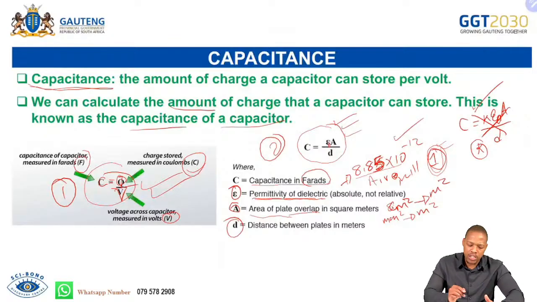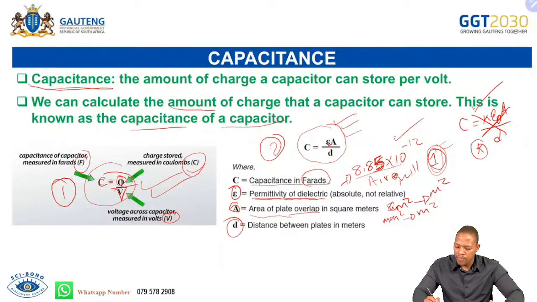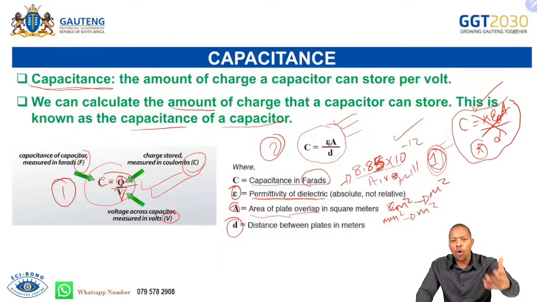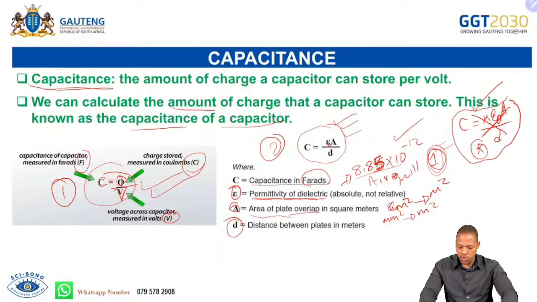But most of the time, you'll just be expected to use 1 or 2. I do not see an examiner who's going to expect us to use this formula. But if they do expect us to use this formula, they will state the relative permittivity of the dielectric material is this much. Then we will have to use it. Okay, so I was trying to make that clarity just in case 1 or 2 people out there are confused between the two formulas, to say, when do we use one, when do we use the other?